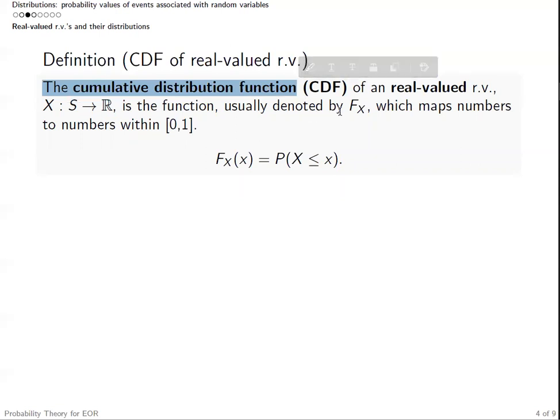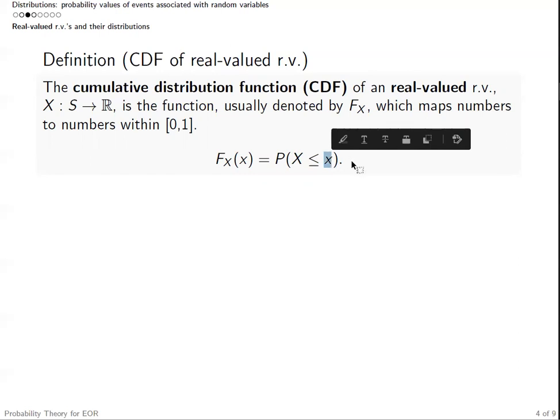It's the function usually denoted by F_X, where we use the capital X in F_X to denote the random variable X, that maps numbers to numbers within 0 and 1. And its definition is by this formula, which is F_X(x) equal to the probability value of the event random variable X smaller or equal to this small x.